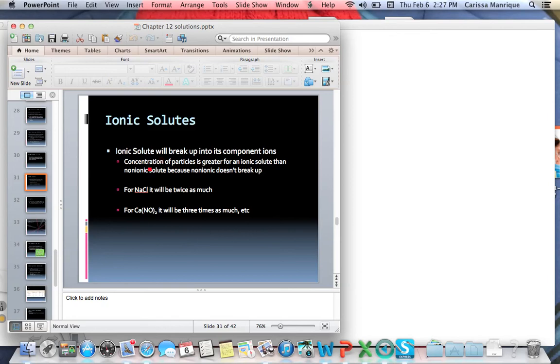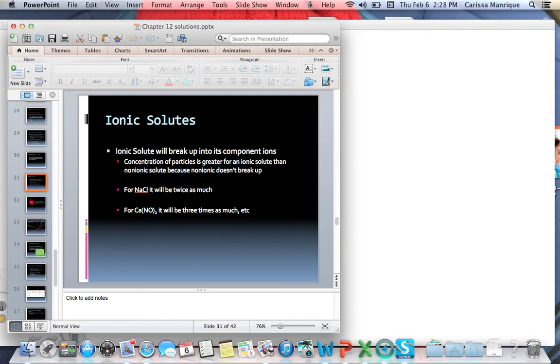For example, NaCl, sodium chloride, will have twice the effect because it's going to break up into 2 ions. You see there's 1 sodium, 1 chlorine. Calcium nitrate will have 3 times the effect because it's going to form 3 ions. Do you see 2 NO3 and 1 Ca, calcium? So you're going to form 3 times as much.